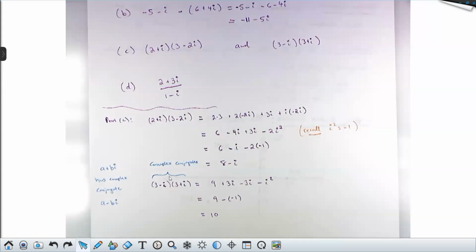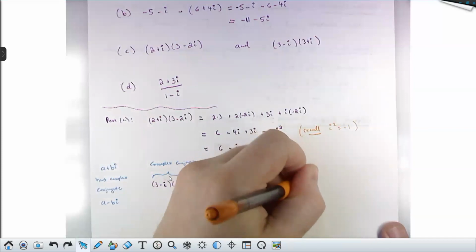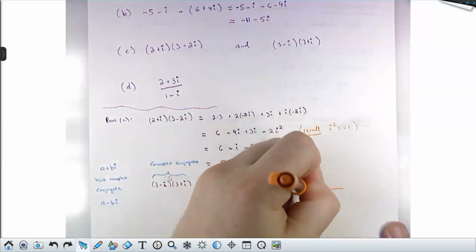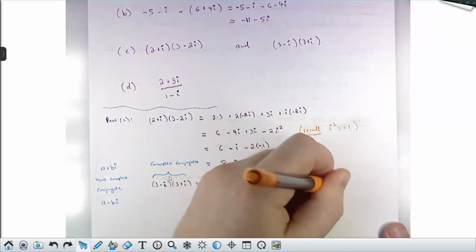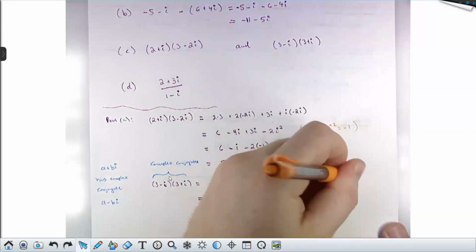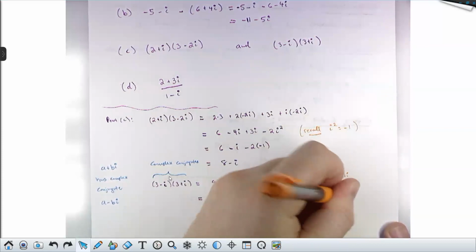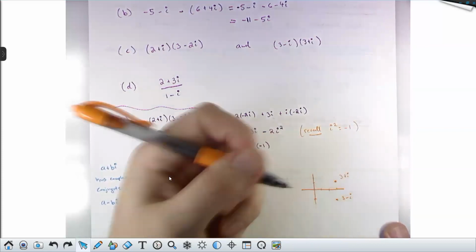This number is related to something called the modulus of a complex number, or the size of the complex number. If I graph 3 minus i and 3 plus i, here's 3 plus i. Down here is 3 minus i.